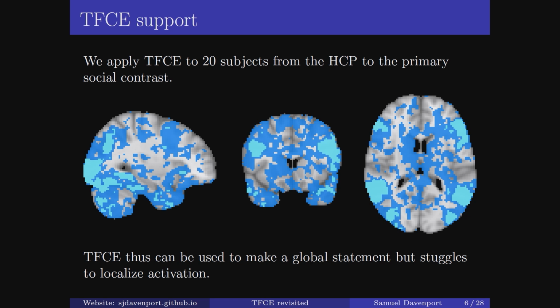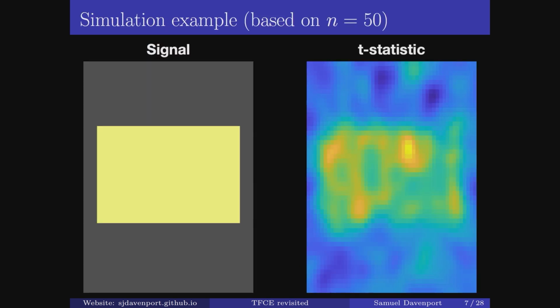What that means is that TFCE can be used to make a global statement about the activation, but it struggles to localize the activation at a specific point. You can understand this a little better from a simple simulation. So here we have a true signal shown in yellow, and we generate 50 random images centered at this signal and calculate a voxel-wise T statistic, which is shown on the right.